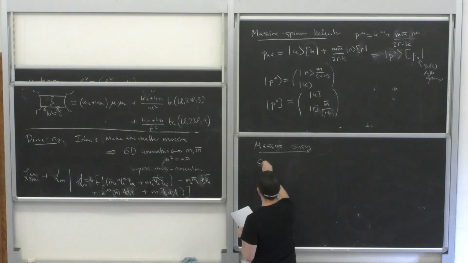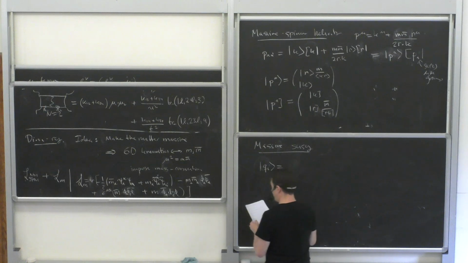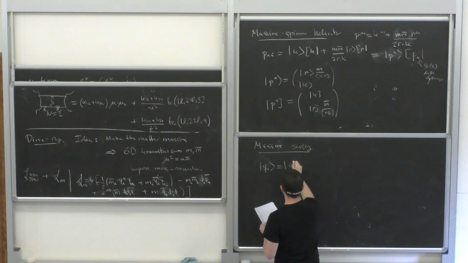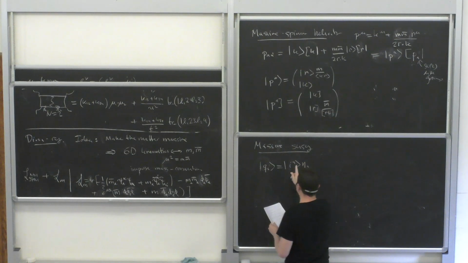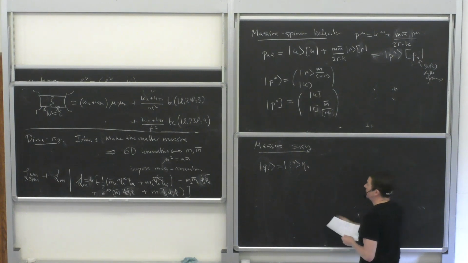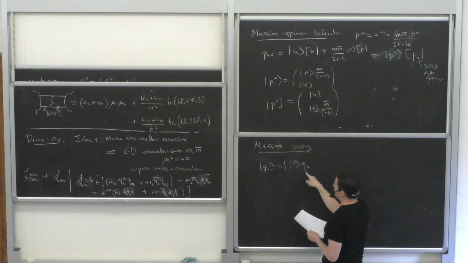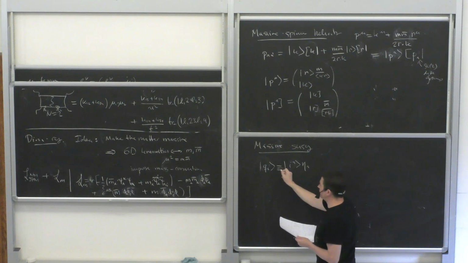So I'm going to introduce some supercharge. Well, I'm going to introduce this notation here. So Qi is simply my massive spinors, where I have contracted the index with an eta. So eta is my Grassmann odd parameter, and it has the SU2 index. I just contracted, and so this is my definition of Qi.